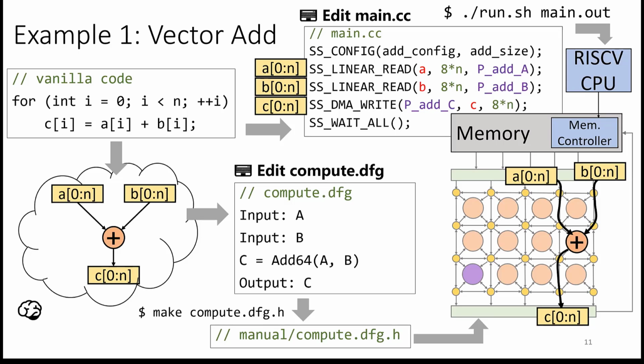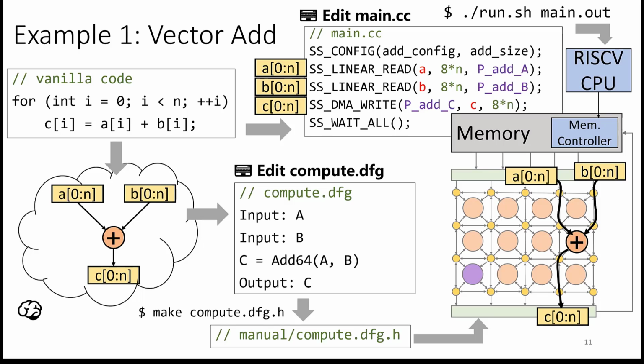Then the following two linear read commands read some bytes from memory and put them into those ports, in the order you specified. Then the write command, as soon as there's data available at port C at the bottom, will write that into memory.